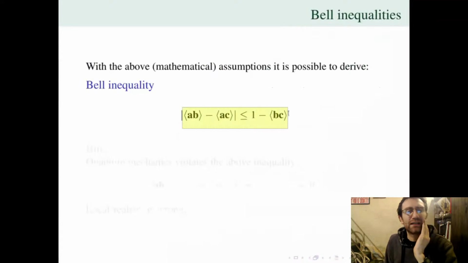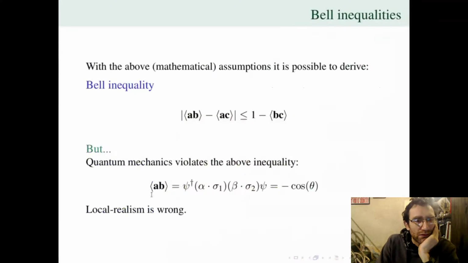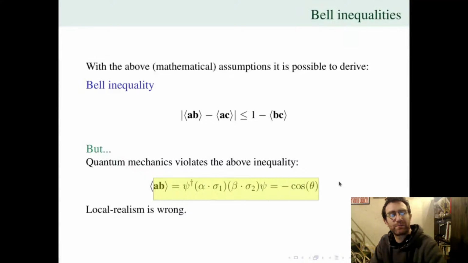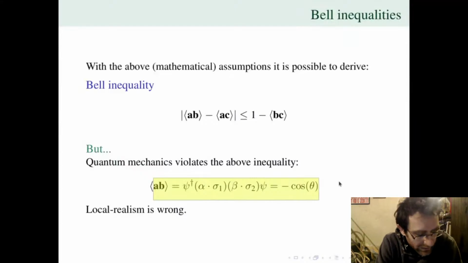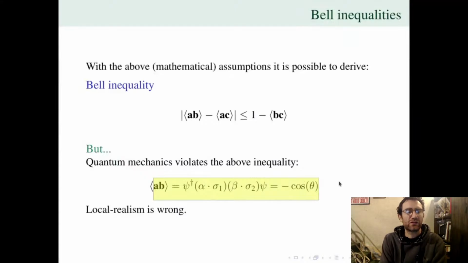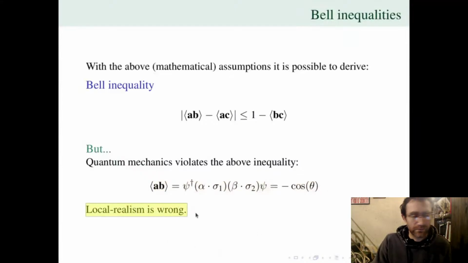But it turns out that if you compute these correlations according to quantum predictions, the inequality is violated. And more importantly, this can be tested empirically, and what was found in experiment is that the predictions of quantum theory seem to be correct. So for some reason, local realism is wrong.